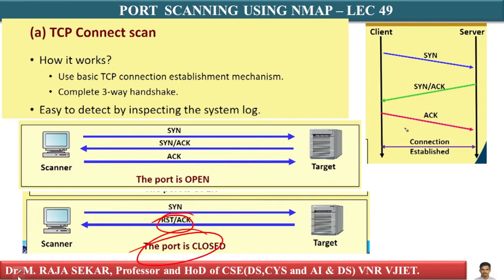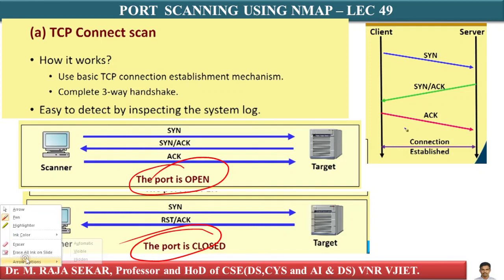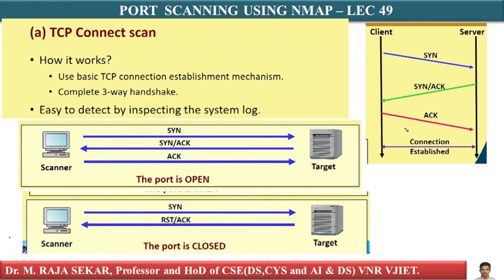The first case is the port is open, and this one is the port is closed. That is the TCP Connect Scan. It is a normal TCP connection establishment that is attempted. If successful, you say that the target is alive. If you get back an RST ACK message, you say that the port is closed.